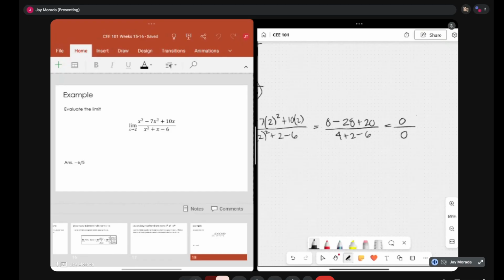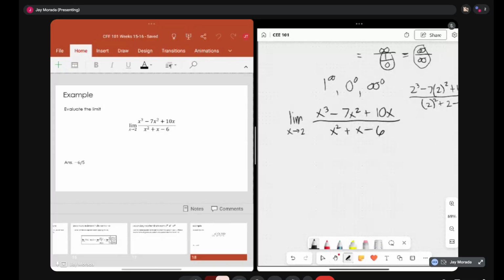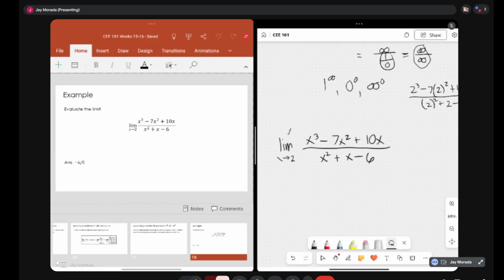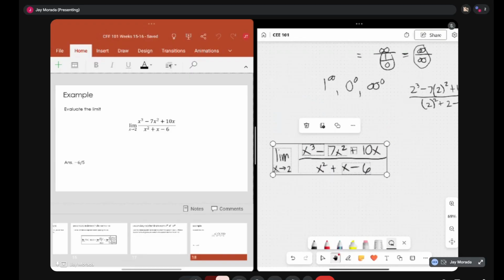That is a primary indeterminate form. Therefore, we can apply L'Hopital's rule. Let's apply L'Hopital's rule. Let me try that again.